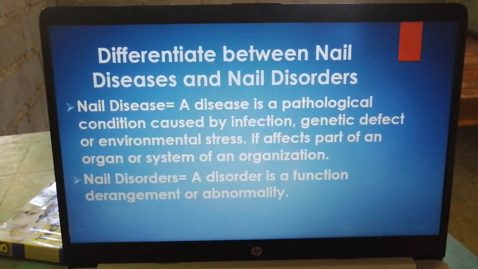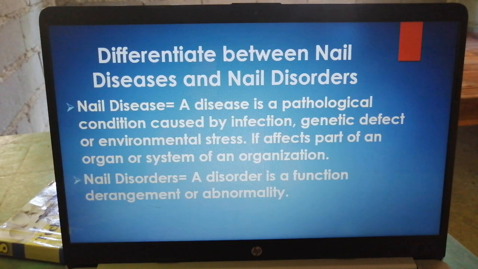It affects part of an organ or system of an organism, while a nail disorder is a function, arrangement or abnormality. Ibig sabihin, ang nail disorders parang inborn siya na may pagka-abnormality yung kuko nyo.